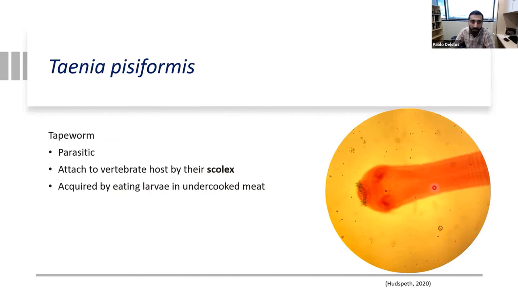They attach to their vertebrate hosts through their scolex. Here you can start to see that ciliated mouth structure when I was talking about the lophophore. And tapeworms are parasites that we ourselves can get too, from eating undercooked meat and things like that.